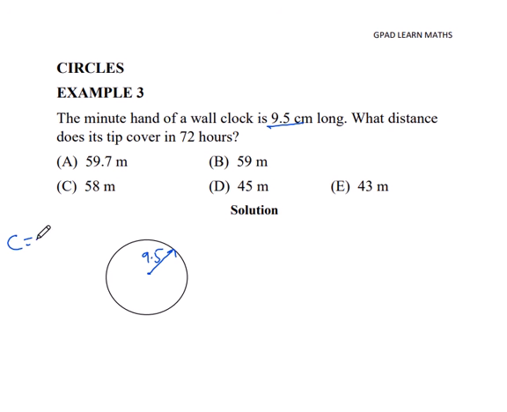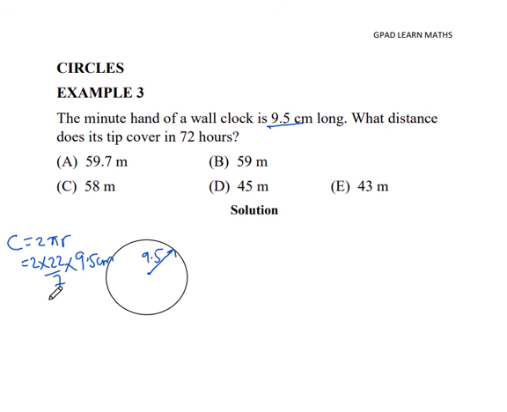Again, let's find the circumference of the circle. C for circumference is equal to 2 pi r, and this is equal to 2 times 22/7, which is pi, times the radius, which is the length of the minute hand, 9.5 centimeters.